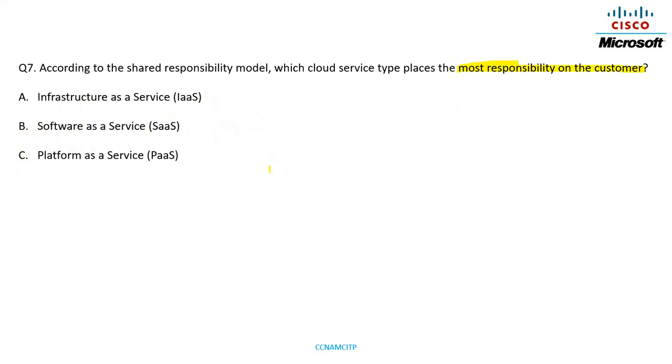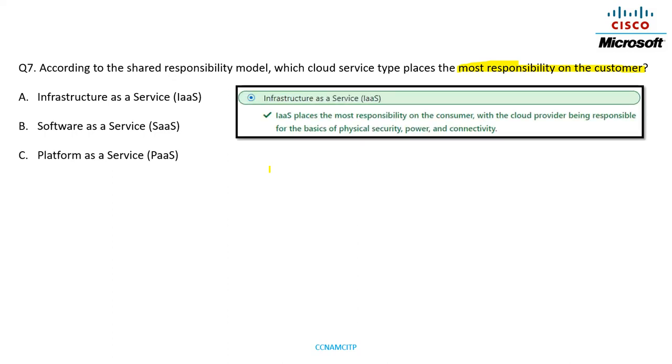Very simple: in infrastructure as a service we will have more responsibilities as a customer. If you are using platform as a service, you will have fewer responsibilities. Even if you are going for software as a service, you will have very limited ones. You just pay for what you are using. So if you are talking about more responsibilities, it goes to infrastructure as a service. So the answer should be A.